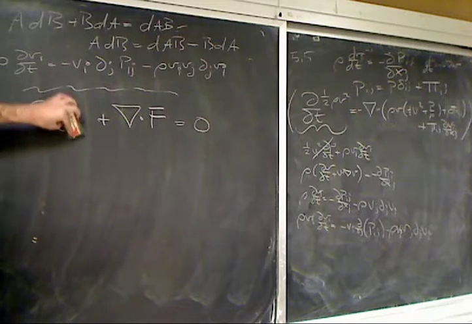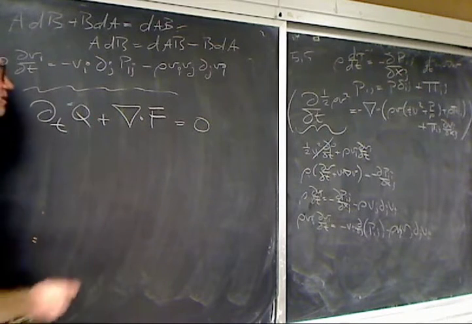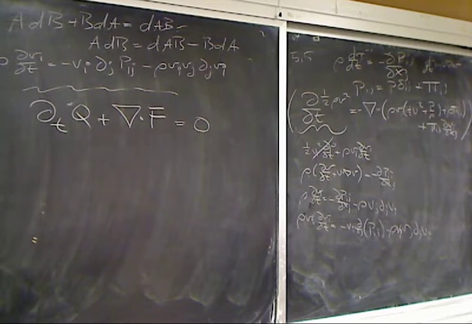Let's make this a real letter. Let's call this Q. Whatever Q is. Q will be 1/2 rho v squared, but Q could be total energy, Q could be density, Q could be any conserved quantity.